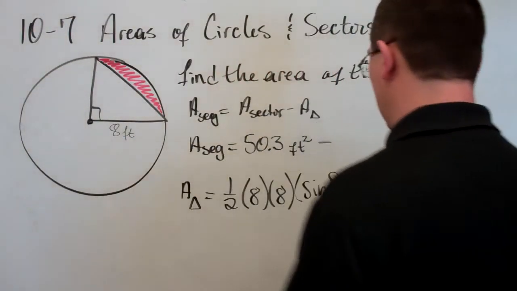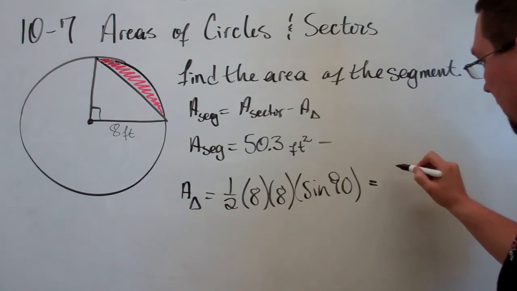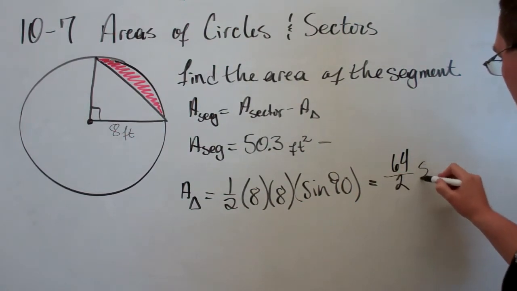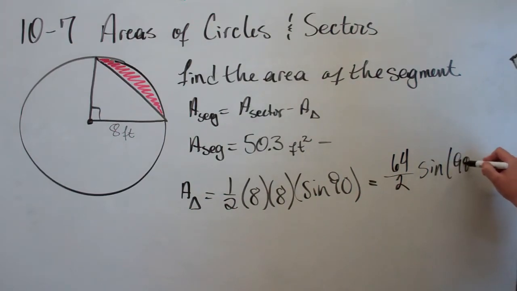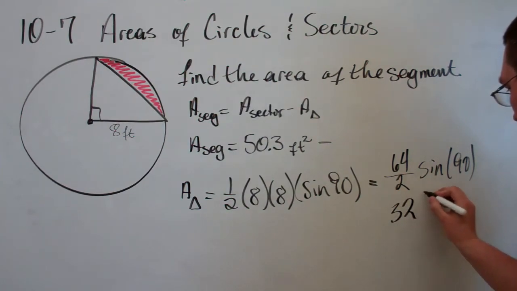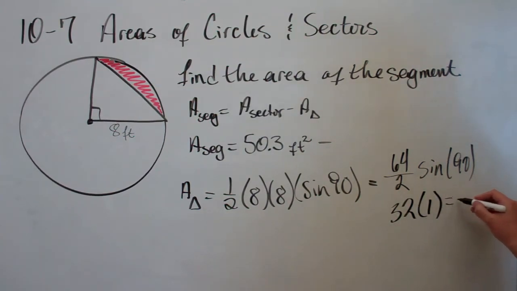So this is 8 times 8 is 64 over 2 times the sine of 90. 64 divided by 2 is 32 times the sine of 90. The sine of 90 is 1. So this is simply 32 feet squared.